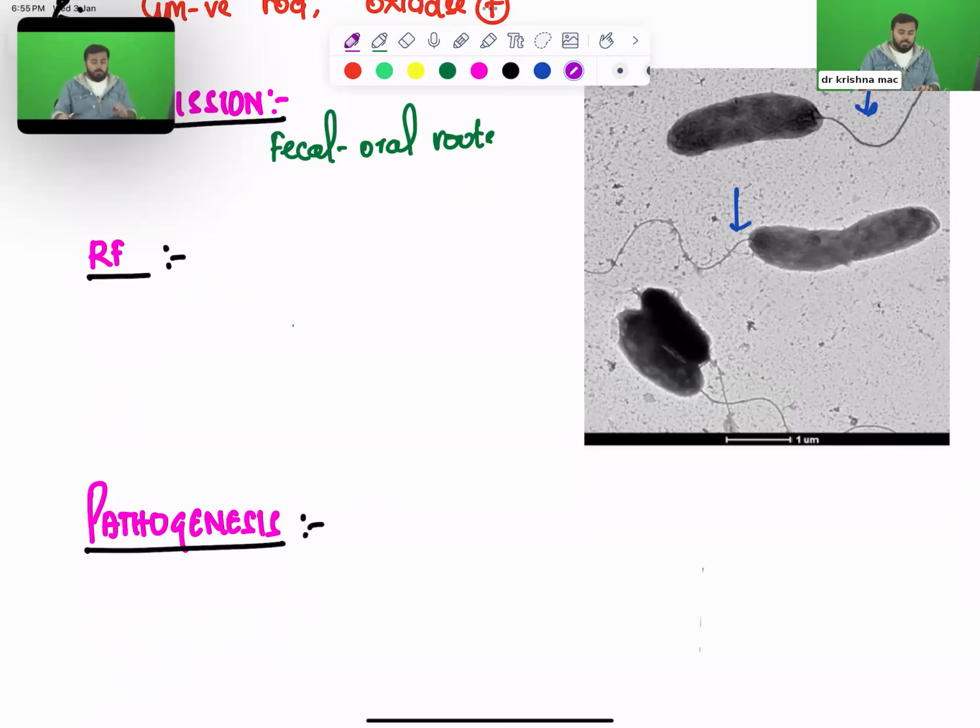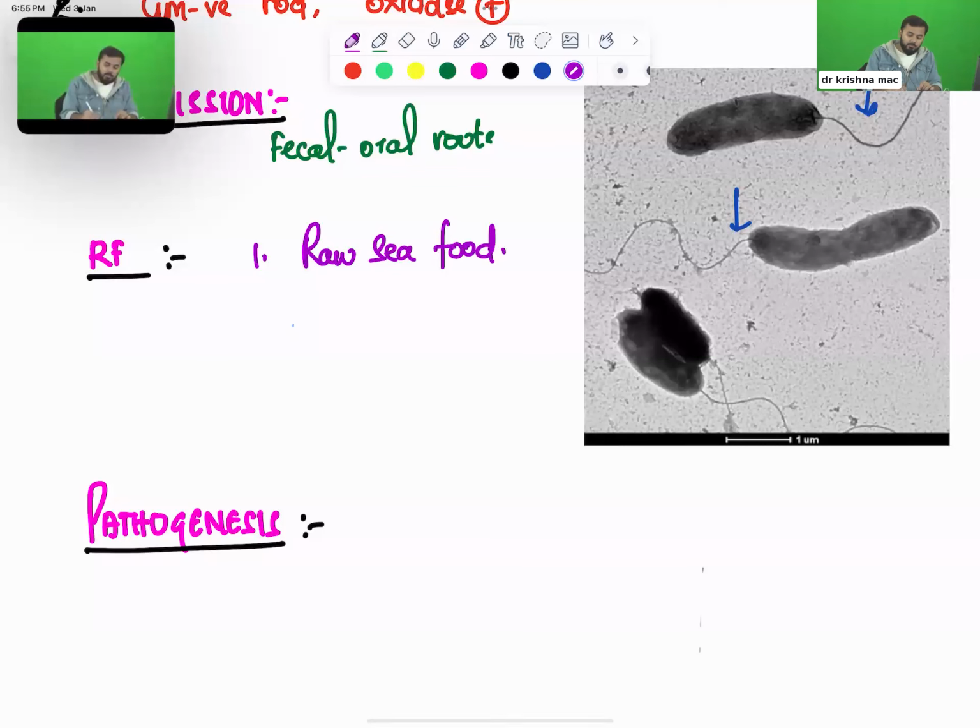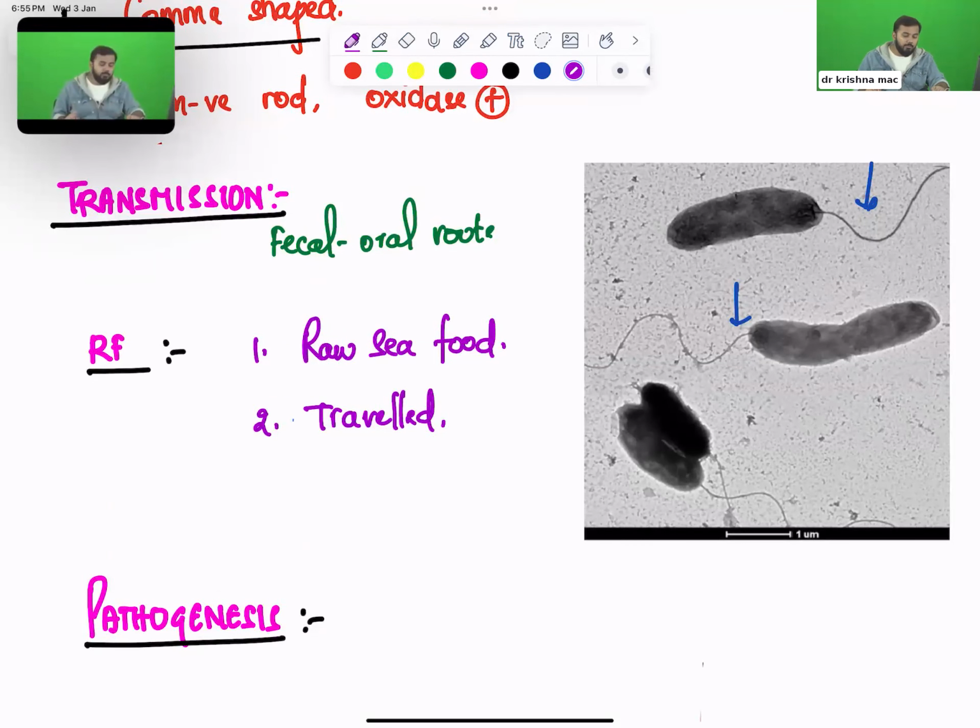How you are going to get it is, for example, if you are eating raw seafood, or let us say you traveled somewhere. Obviously, you go traveling and all, right? So you travel all the way and then come and tell the doctor you are having diarrhea. It means it is because of Vibrio cholerae. All of you understood this? Yes or no? Jaldi batao.